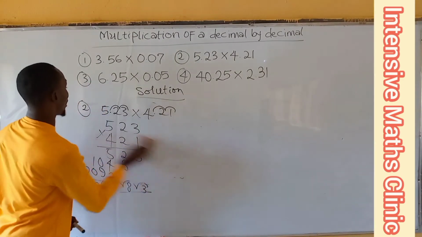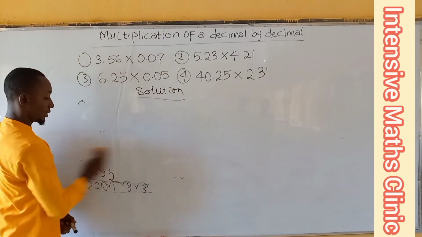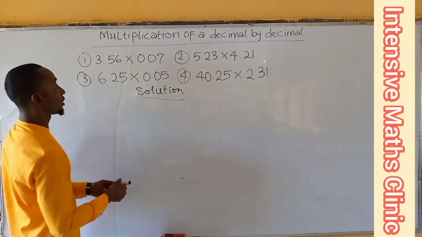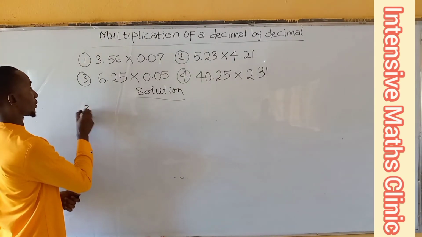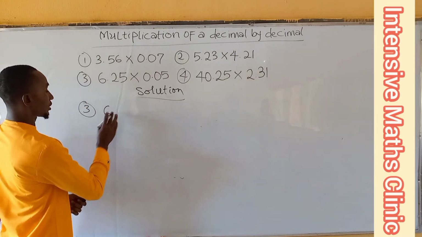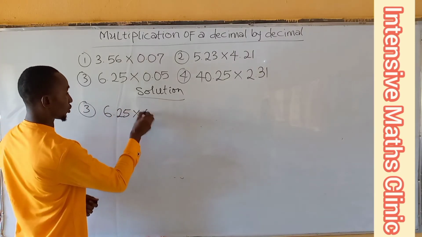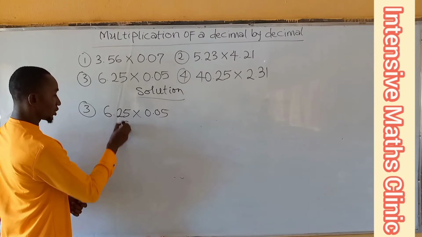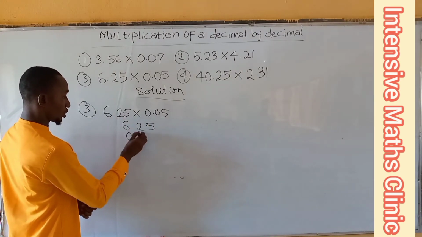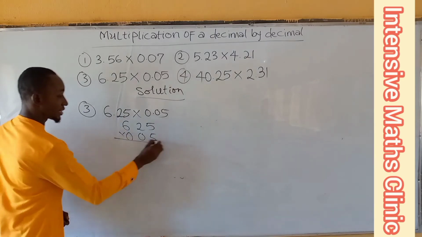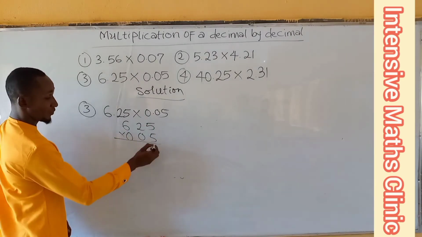So we move to the third example, which is 6.25 multiplied by 0.05. So it's going to be 625 and 005. When we multiply this, 5 multiplied by 5 is 25.